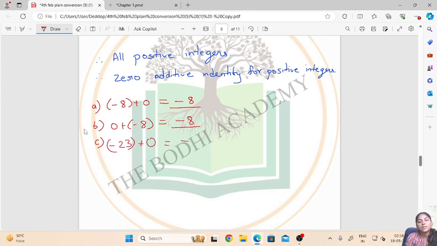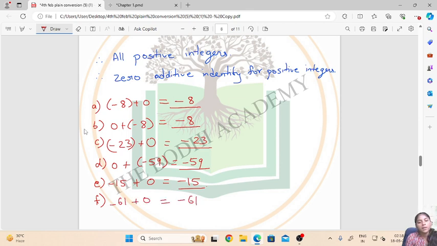We will get the answer as minus 23 only. Another example that we have is 0 plus minus 59. The answer we will get is minus 59. Then again minus 15 plus 0. We will get the answer as minus 15 only. Another example is minus 61 plus 0. We will get the answer as minus 61.